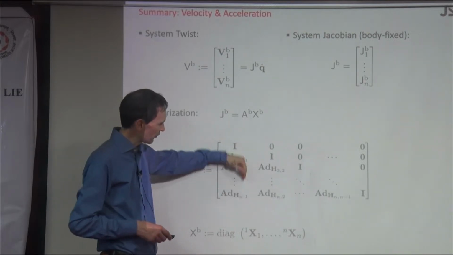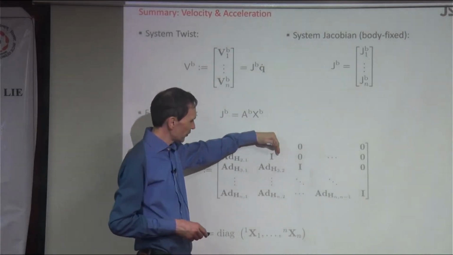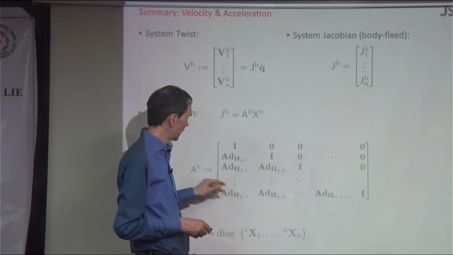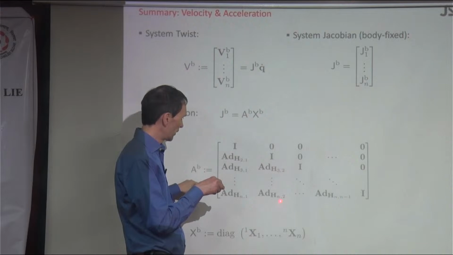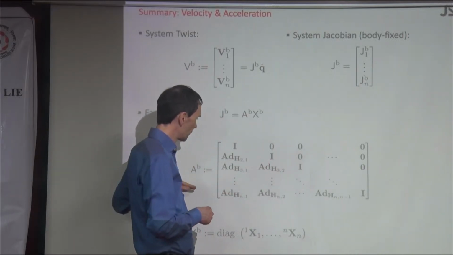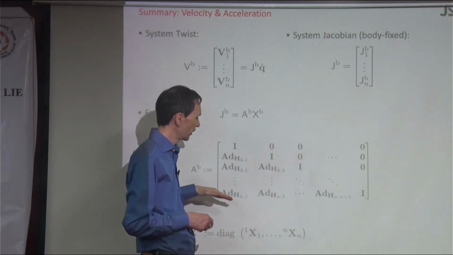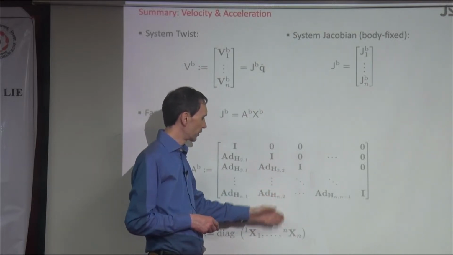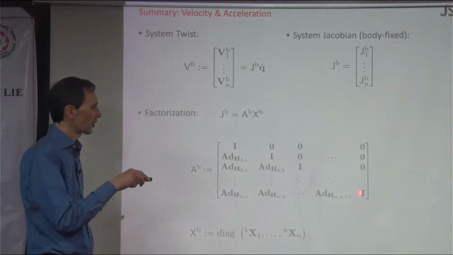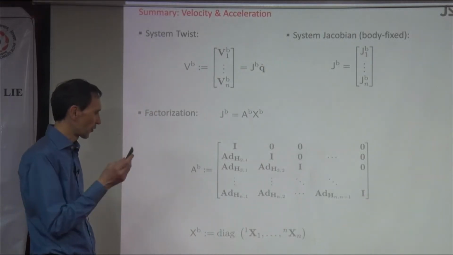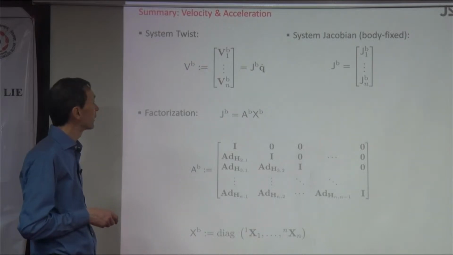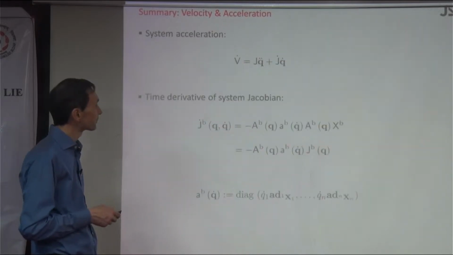And that's the contribution of joint 1. The contribution of joint 2 to the whole thing is, again, the second, third, up to n, contribution to the twist that we are interested in. And it goes up to the end. And the last one is then the identity, because there's no transformation from n to n. Yeah, that's it. Okay. Good.